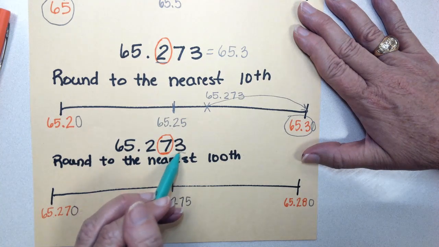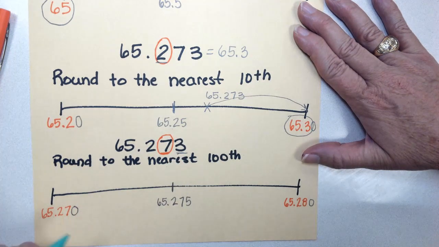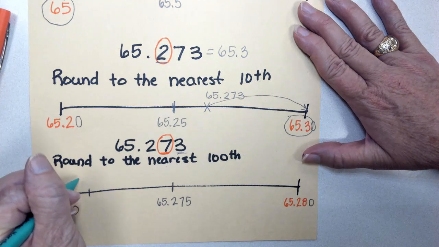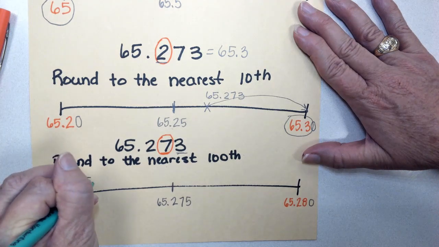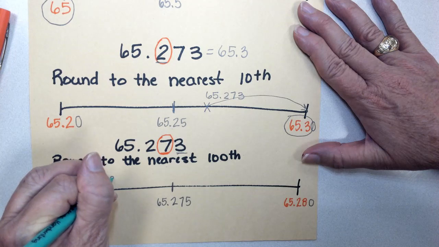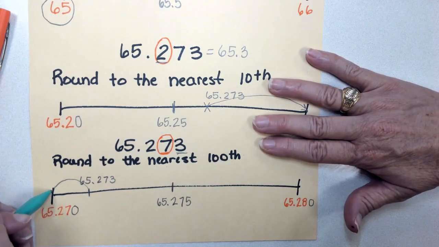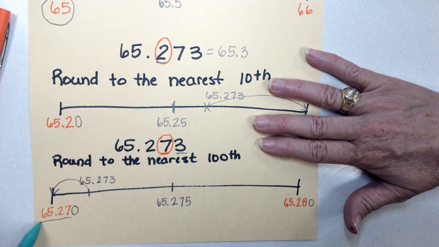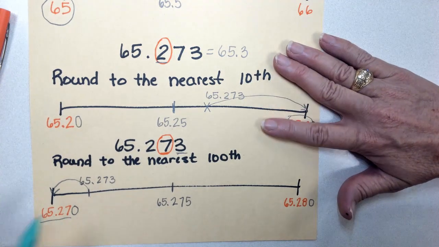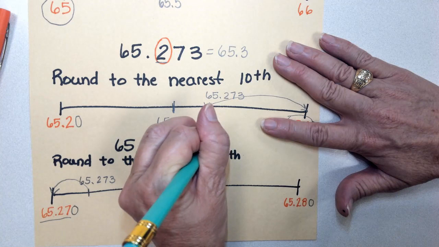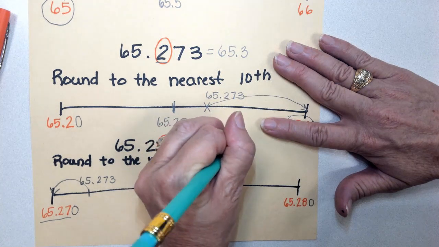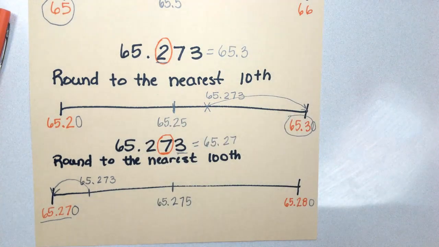And when I think about where 273 would fall, it would fall right about here. Which means that when I'm rounding to the nearest hundredth, this number right here, 65 and 27 hundredths, is the closest number. I hope that this helped you review and remember how we round numbers.